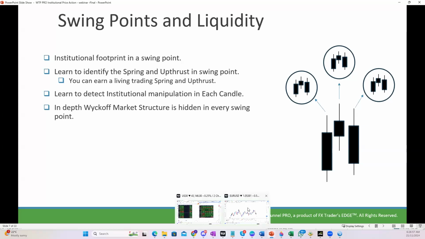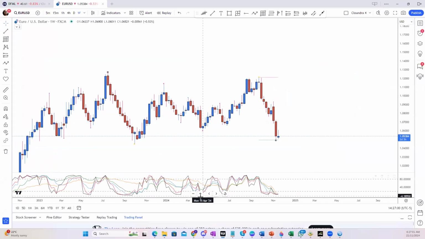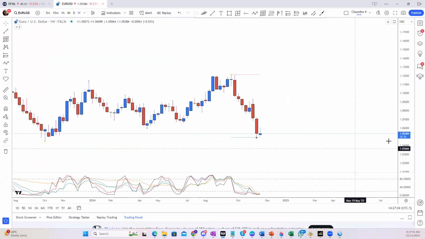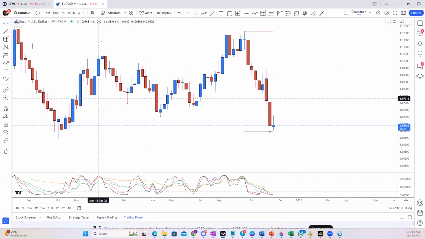So, for example, if I go into this market here, this is Euro USD, and that's the weekly time frame. What I want to show you is your single candle on the weekly. You can find your trade right at the top or right at the bottom.